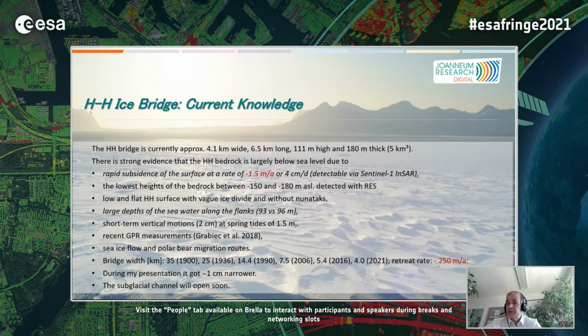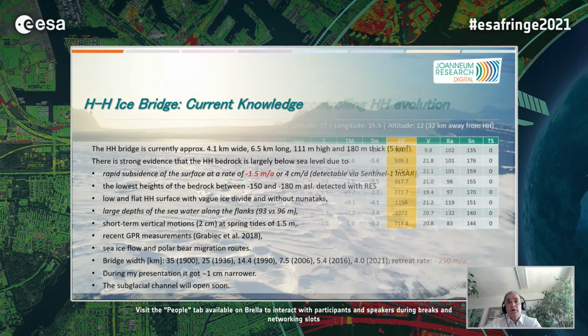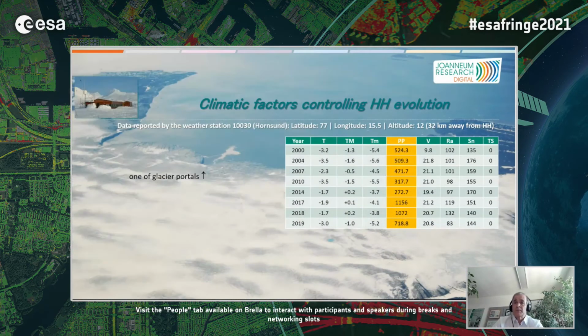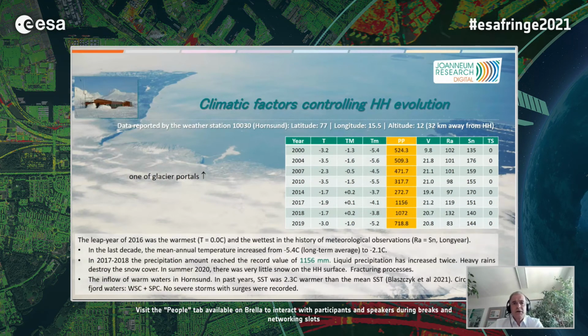The retreat rate for the ice bridge flanks was 250 meters a year. The rapid atmospheric and oceanic warming with the inflow of warm waters in Hornsund are the most obvious reasons for the enhanced basal melting of this object and its shrinking.